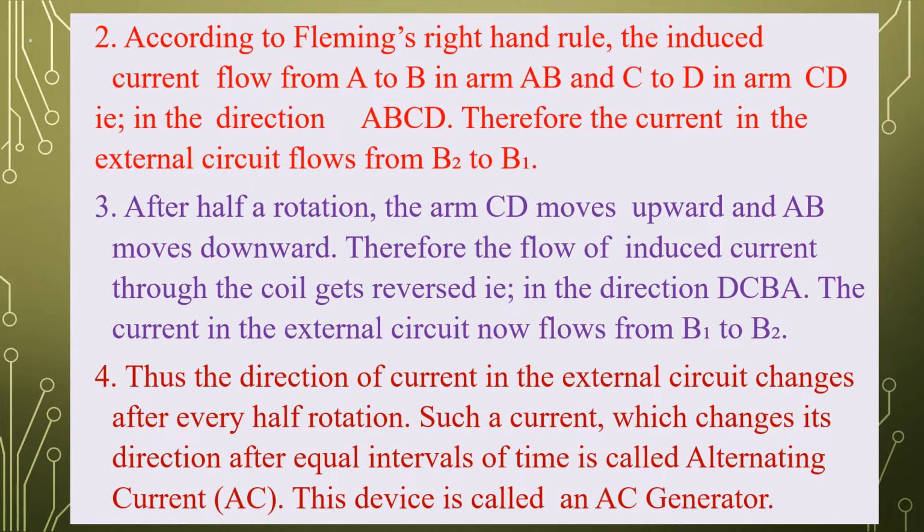So the direction of current in the external circuit changes after every half rotation. Such a current which changes its direction after equal intervals of time is called alternating current, or in short form AC. This device is called an AC generator.